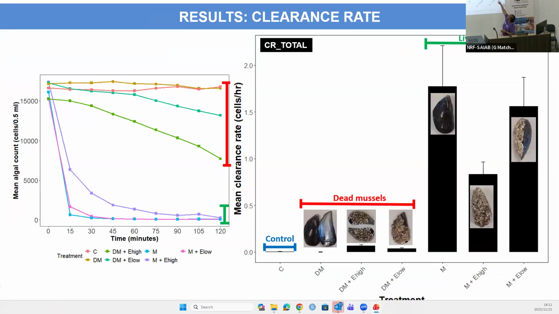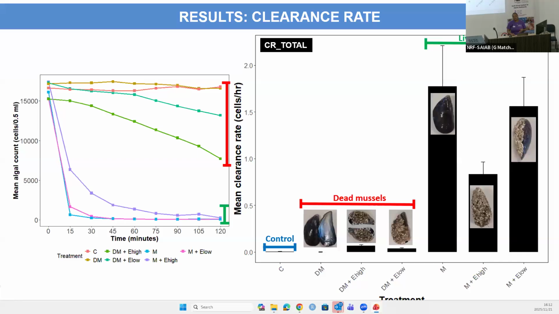All the ones here are the live mussels, which I've highlighted in green, and you can clearly see that if a mussel is alive, because of the filtering ability that they have, they eat more of the algae that has been provided. But what you're seeing also, this one is when there's a high load of epibionts.